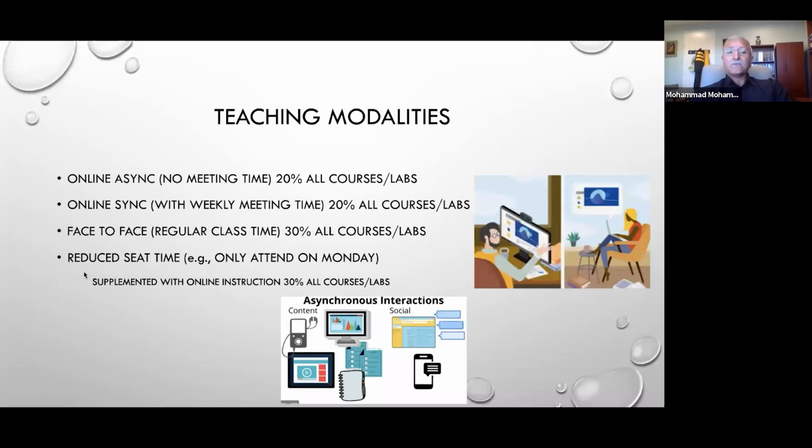There are reduced seat time classes where faculty only wanted the students to come in for exams. They wanted to make sure that the exams were administered in the classroom. They are somewhat rare of that type. And this is why we decided not to explicitly tell every student when they had to be in those classes and put that responsibility on the faculty to provide that detail.